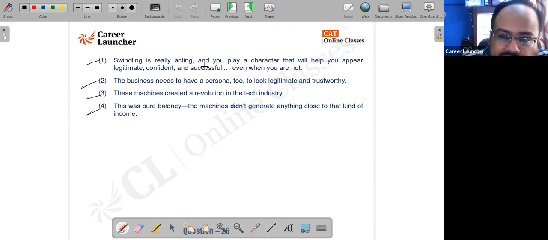Sumedh, different answer. 28th question. Shreya, 29th is correct. 28th is a different answer. 29th is correct. Okay, take a minute more. We'll then discuss.